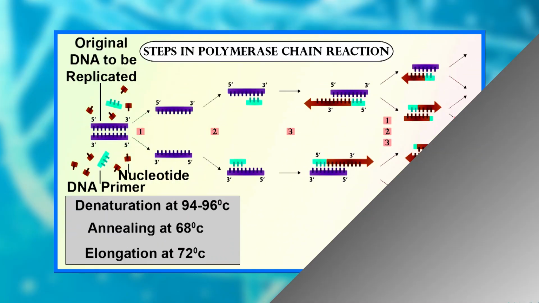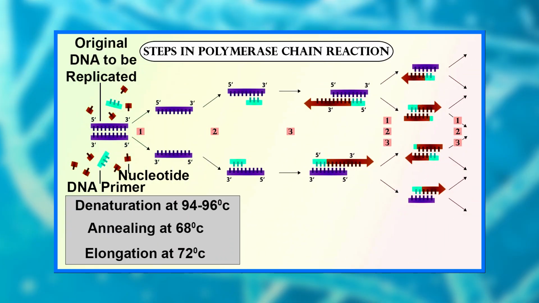The two DNA strands then become templates for DNA polymerase to enzymatically assemble a new DNA strand from free nucleotides. As PCR progresses, the DNA generated is itself used as a template for replication, setting in motion a chain reaction in which the original DNA template is exponentially amplified.